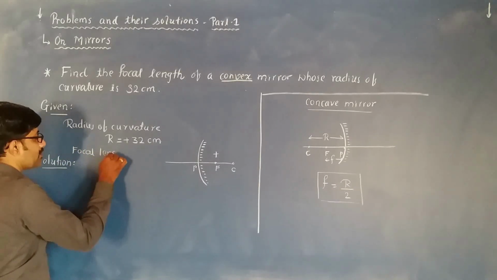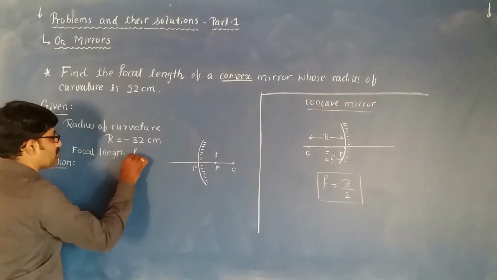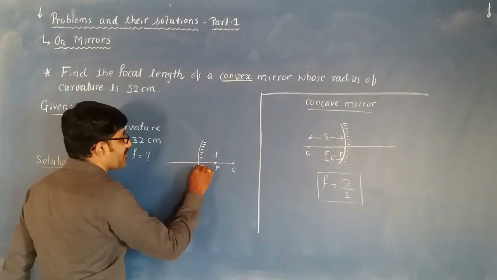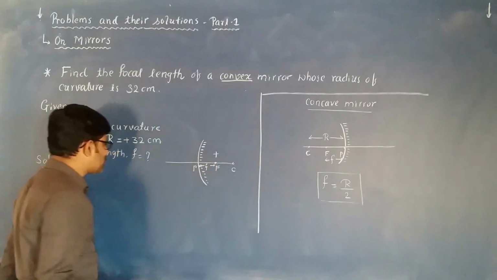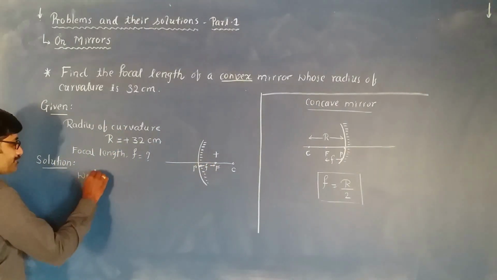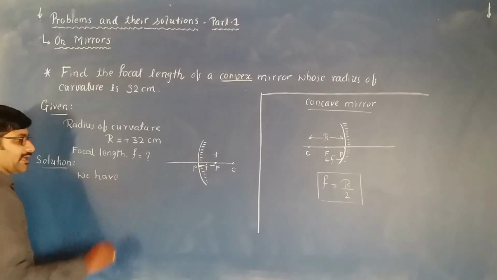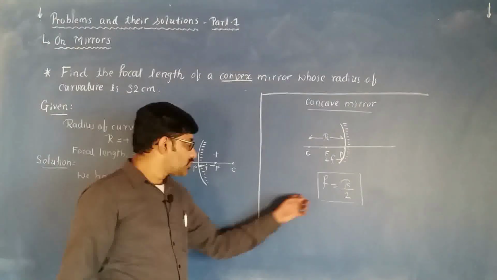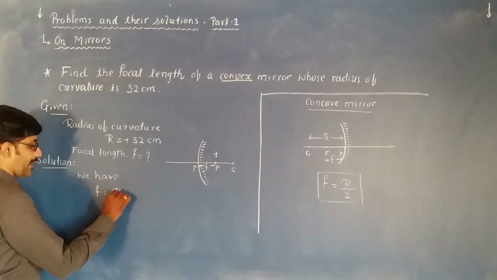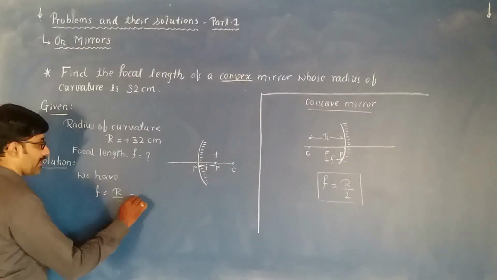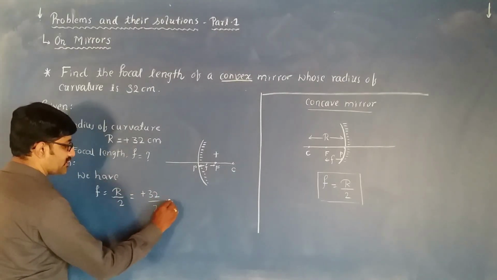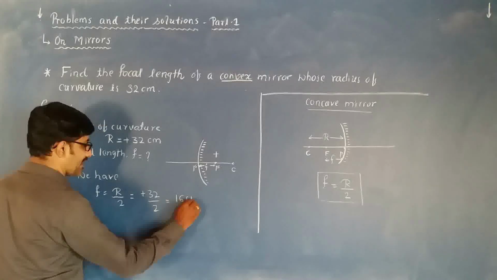Focal length f is equal to how much? It is the distance between P and F. Therefore, we have the relation f = R/2, so f = +32/2, and hence that is 16 centimeter.